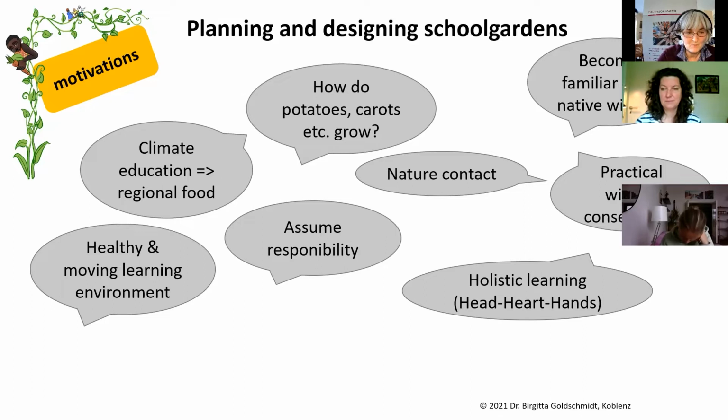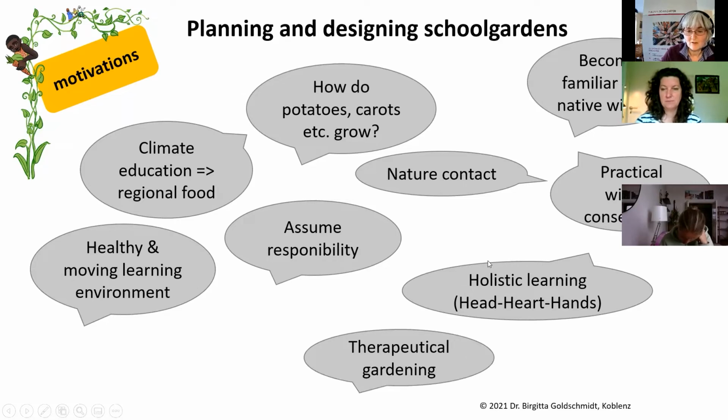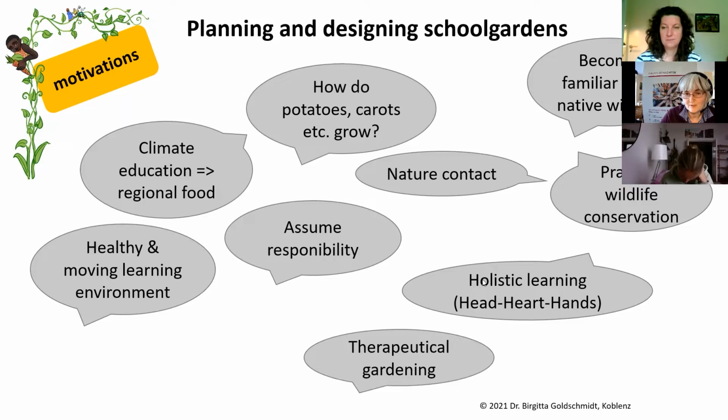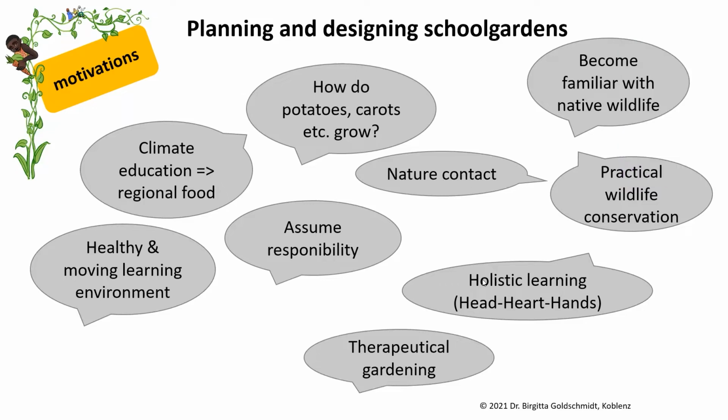It makes them move and healthy. This is also what we heard. And then perhaps we also consider the therapeutical effects of gardening, and we want to construct a garden for this purpose.